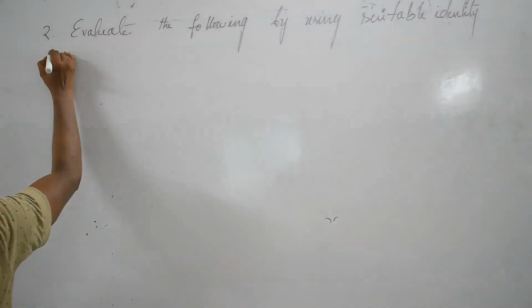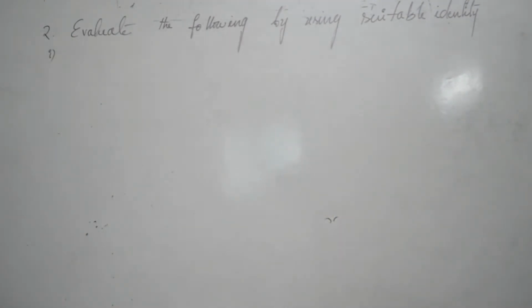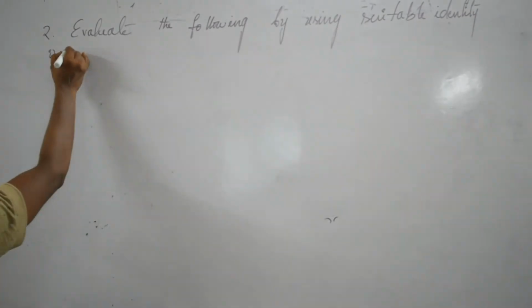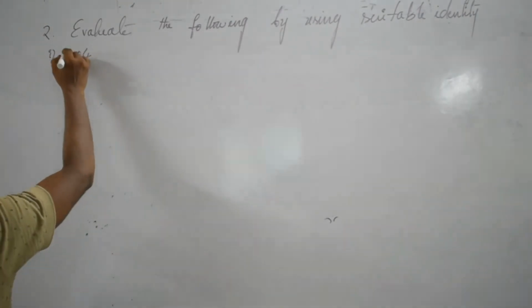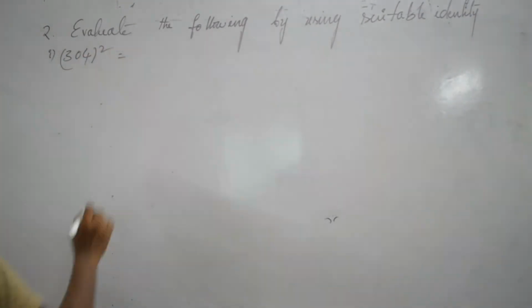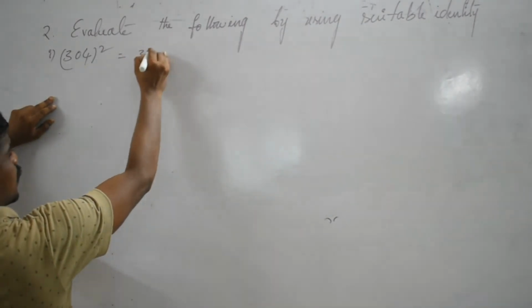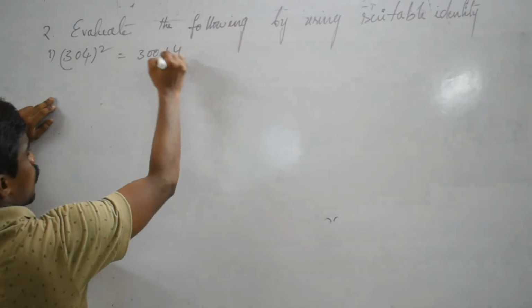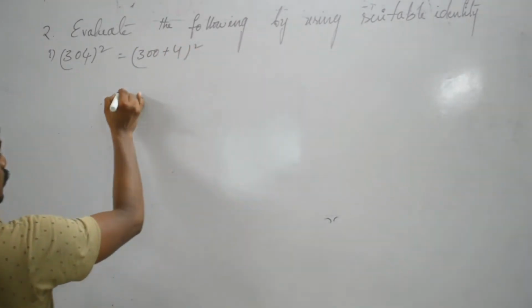Here first one, 304 whole square. How to write? 300 plus 4 whole square.